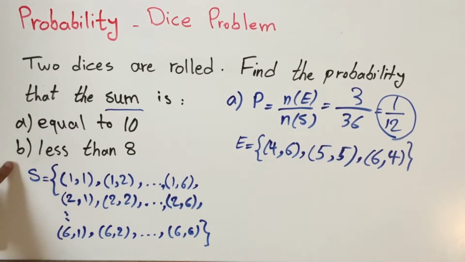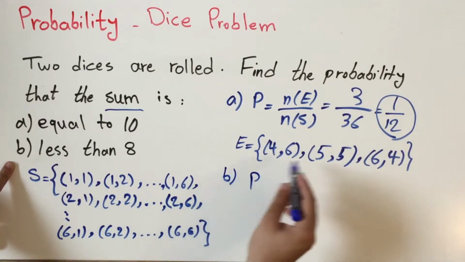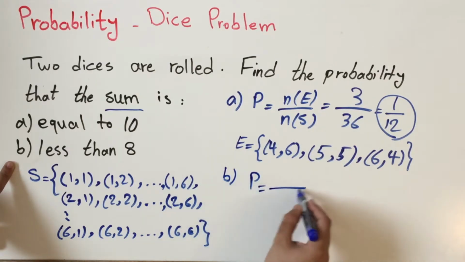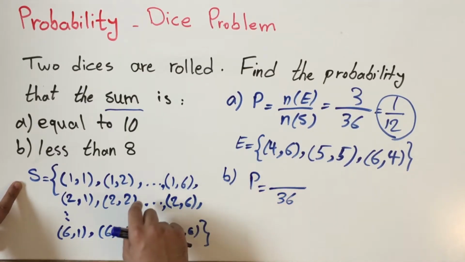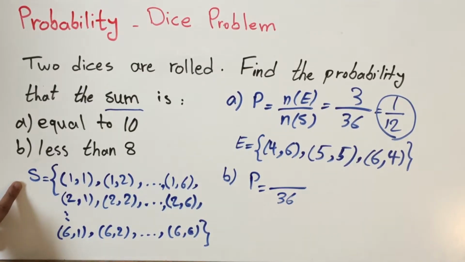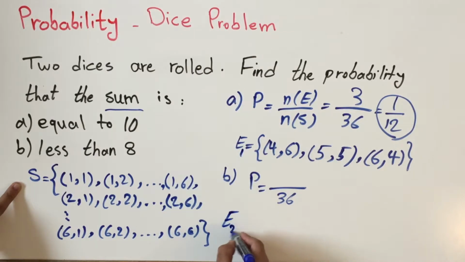How about the second one? For part B, I can still use that 36 because my sample space is the same, but I have to find the number of items in E. So this is E1 and then this is E2.